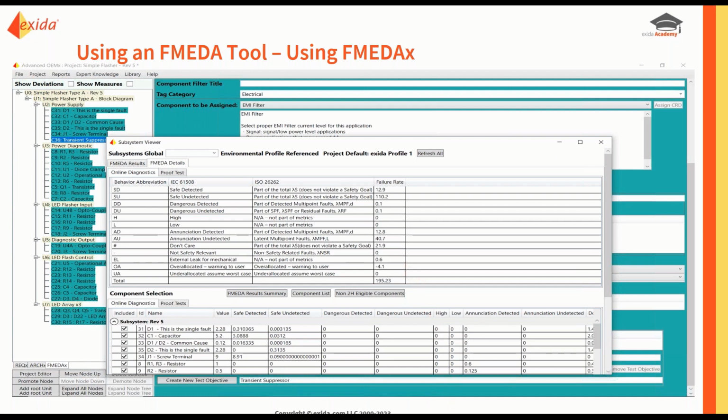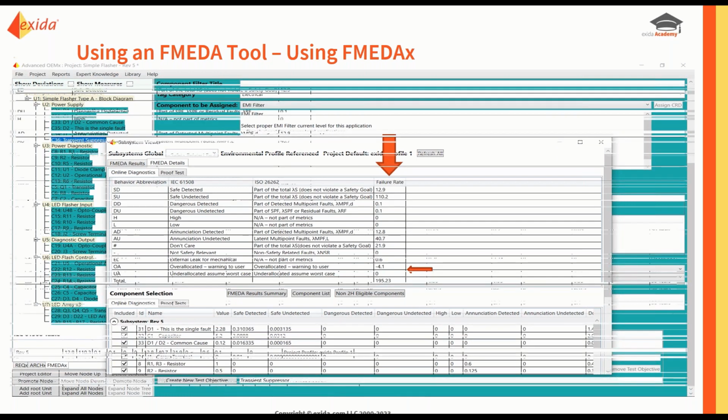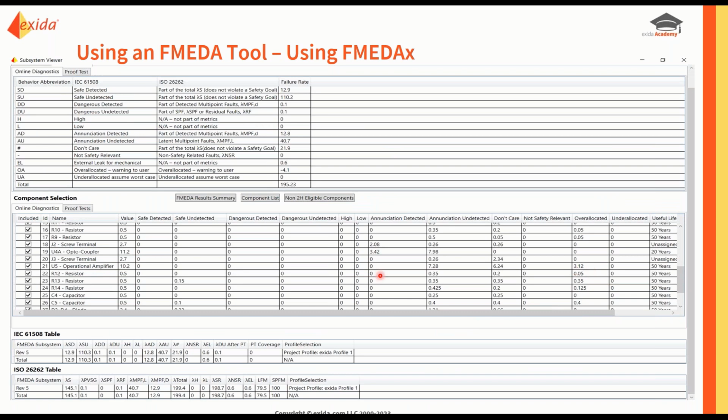If you haven't, as you can see here, we've over allocated on a particular component. Within this window, if we zoom in a bit closer, it will allow you to see which particular component we have over allocated on. So across the way, you can see a list of all the components within the design, all the different types of failures.